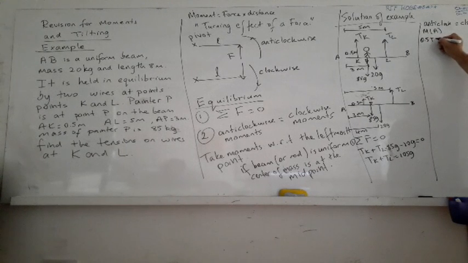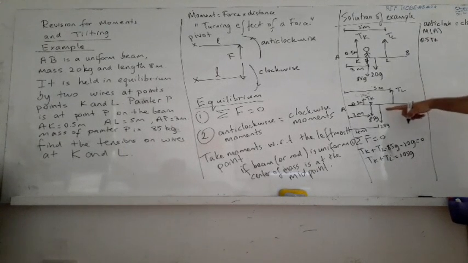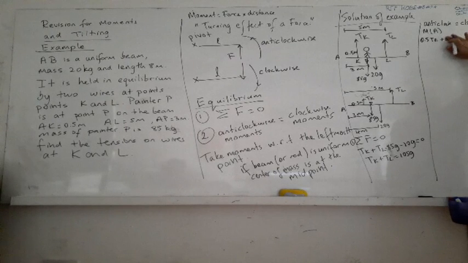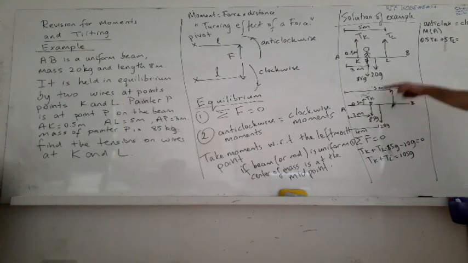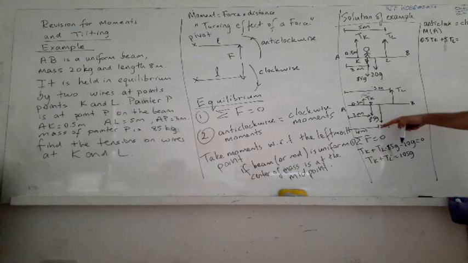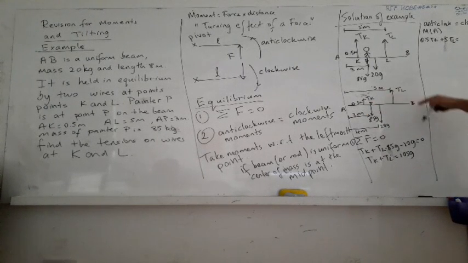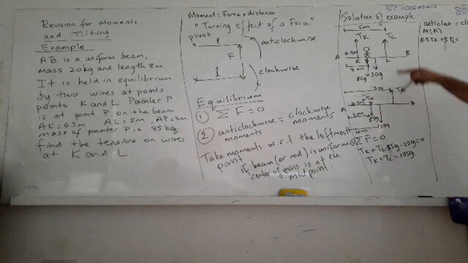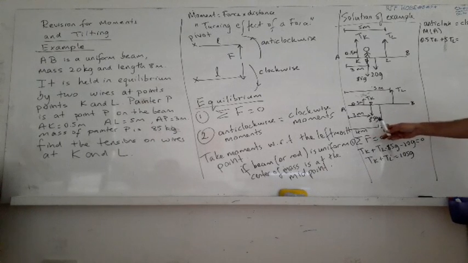The distance of L is 5. These are the two forces pointing downwards which try to turn the beam AB in the clockwise direction, and the distance of 85G from A is 3 meters.